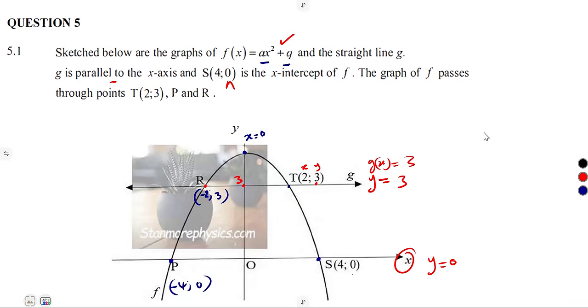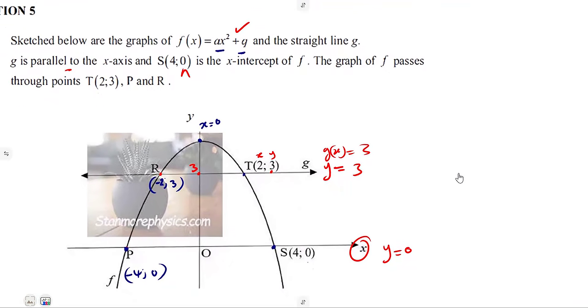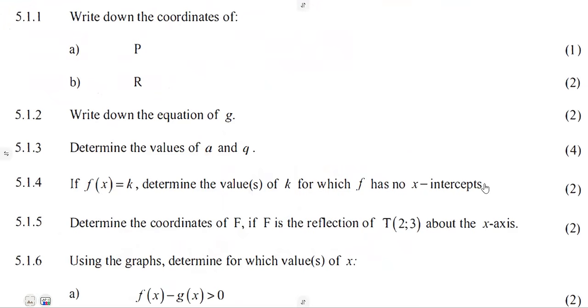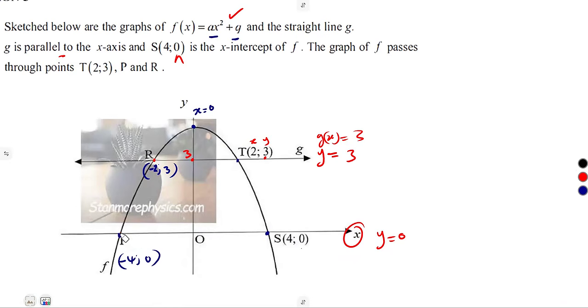All right, that is it for now. From the sketch we were given, let's consider our questions. The first one: write down the coordinates of P. We have already stated that from the symmetry concept: minus 4, 0.